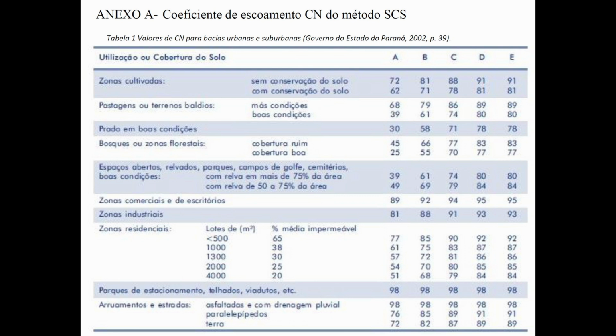These different types of soil occupation or surface covering will depend on whether it's a rural region, an urban or suburban region, a residential zone, a parking lot, or streets. For each of these different zones, there are of course different types of infiltration, the same way it happens with the different hydrologic soil groups.